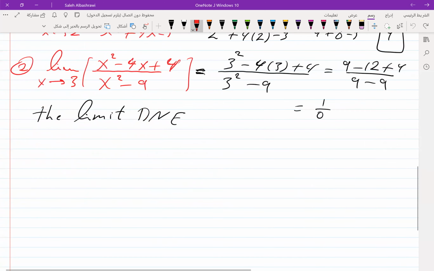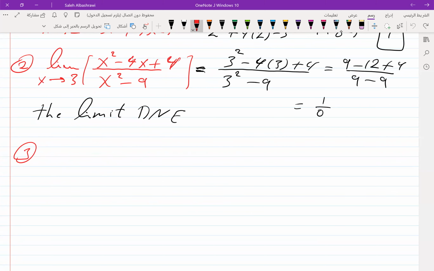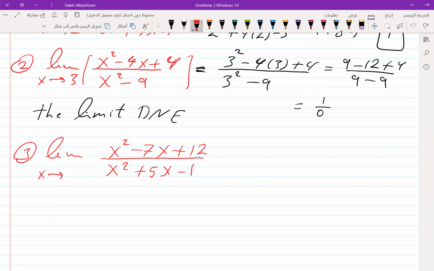One more. Number 3. Limit of x squared minus 7x plus 12 divided by x squared plus 5x minus 1. And let's take x goes to, for example, this time 4. As we mentioned before, in this case, I'm going to replace x by the given number, which is 4.